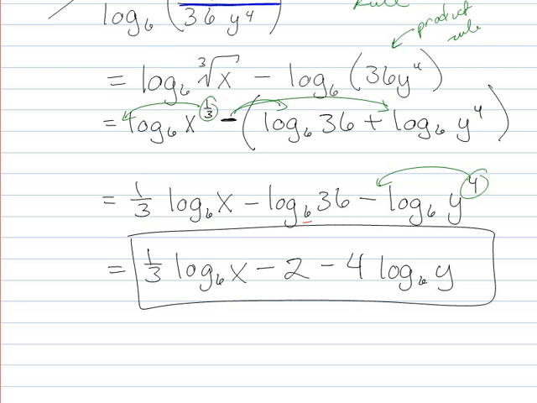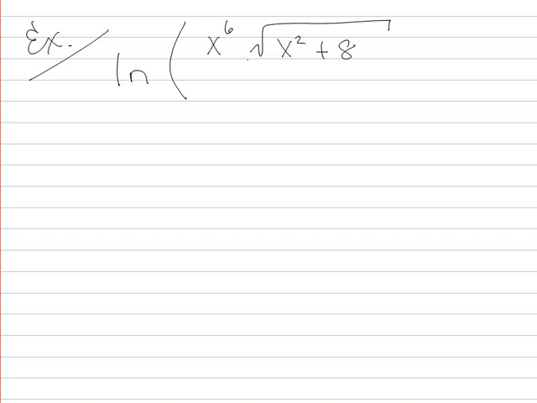Okay, so let's try something else. This one's kind of a beast. This one's scary because it's got a natural log in it: x to the 6th square root of x squared plus 8 all over x plus 8 to the 7.